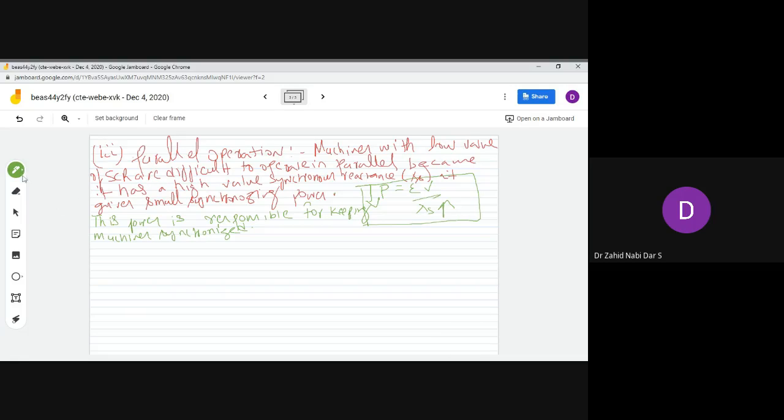transmission line. Another point is that if you notice, it becomes more difficult to perform parallel operation of machines interconnected via a transmission line.